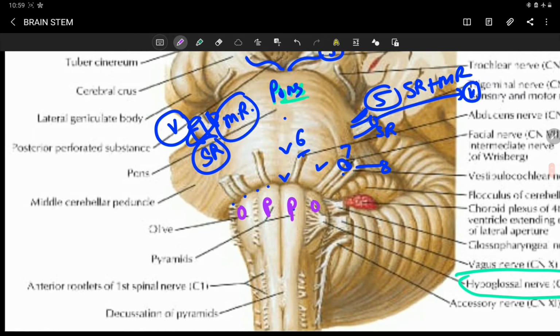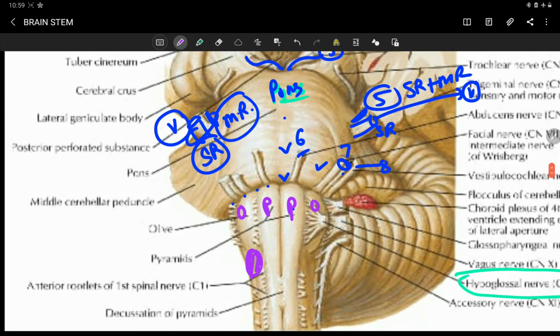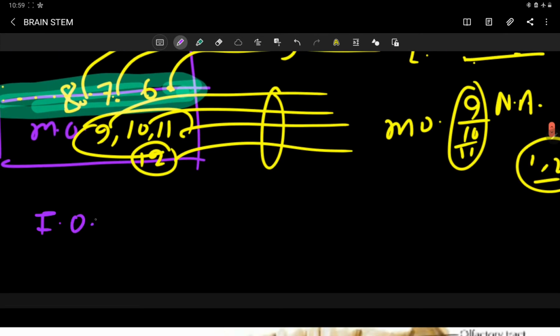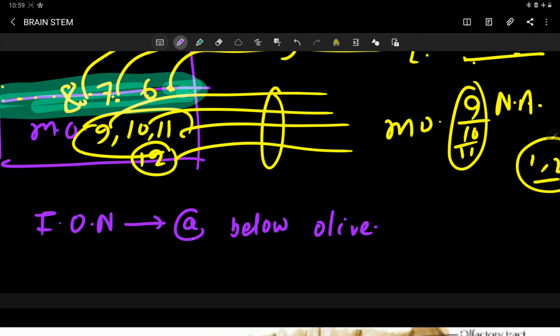Below the olive you can see the inferior olivary nucleus, at the medulla oblongata level. So what is the importance of this inferior olivary nucleus?